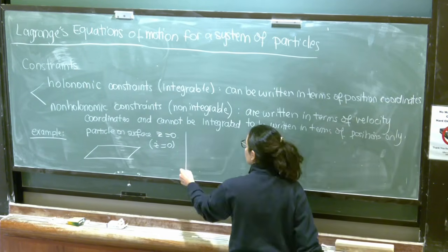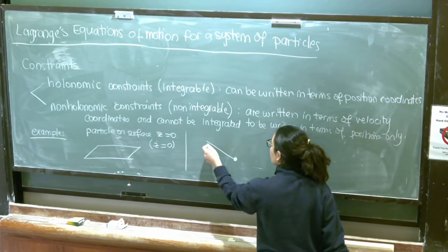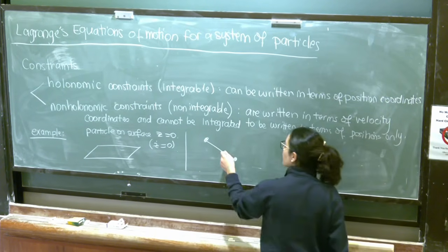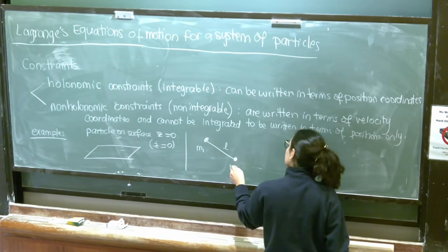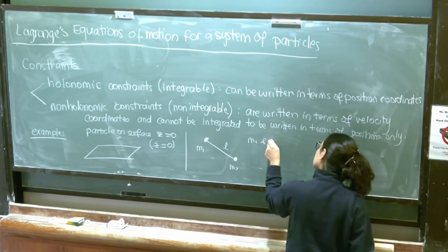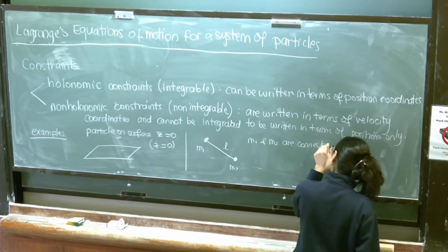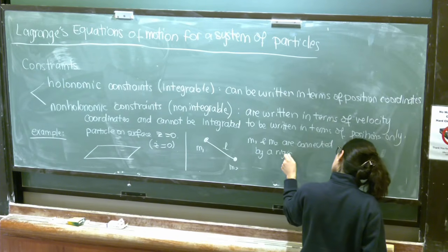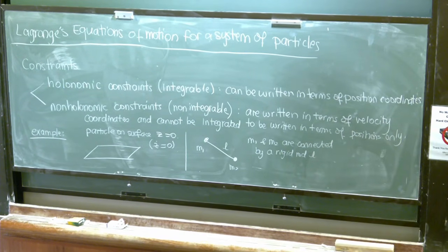Let me consider two particles connected by a rigid rod, such that the length of the rod is L. Is this constraint holonomic or non-holonomic?